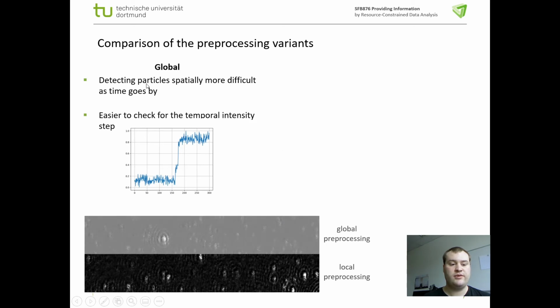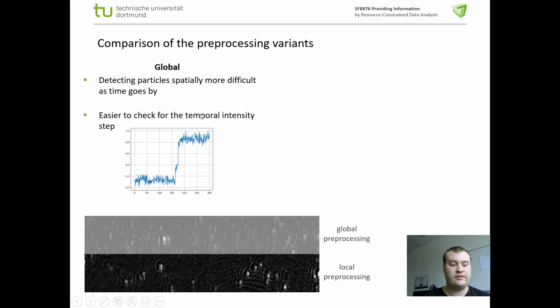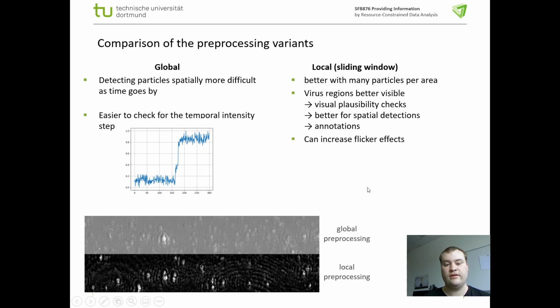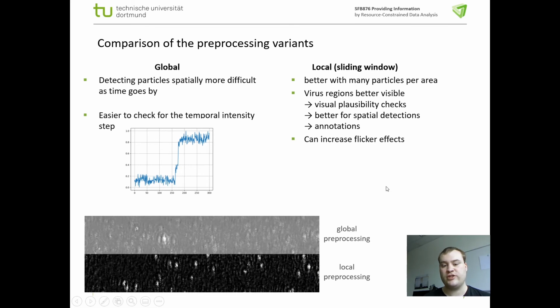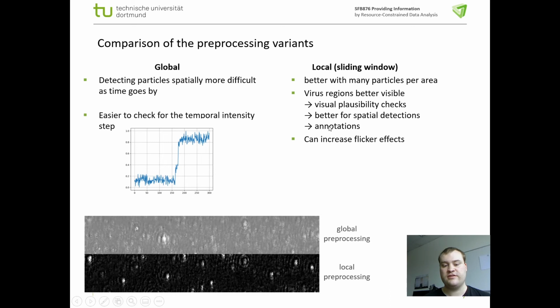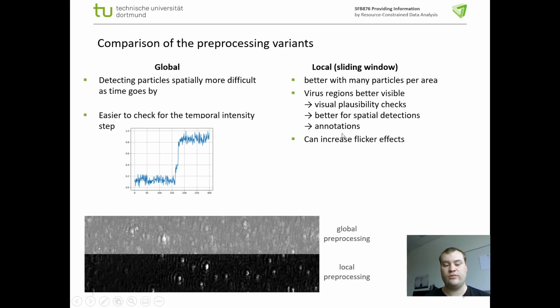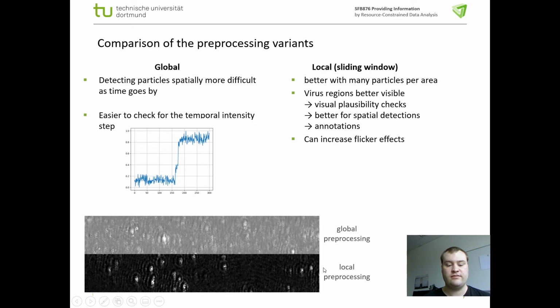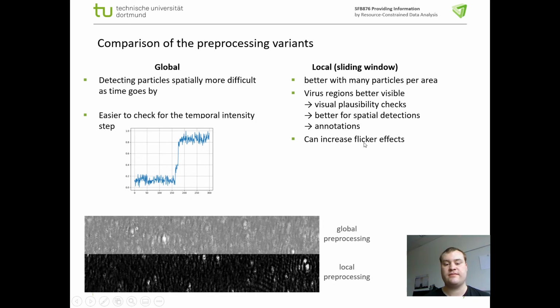So the global preprocessing is better for temporal detection, and the local image is better for spatial and visual detection. This also holds for the creation of annotations, for example. One drawback can be that through the local histogram modification we can increase flicker effects.